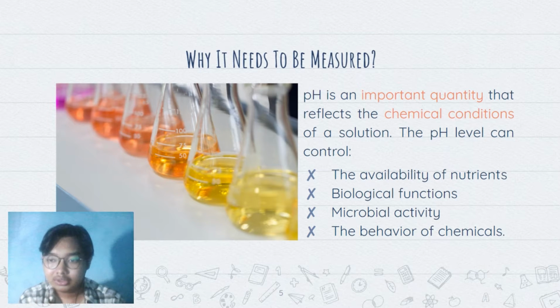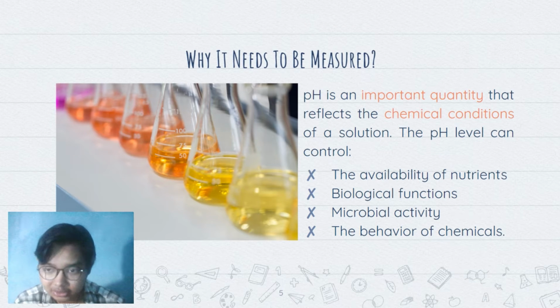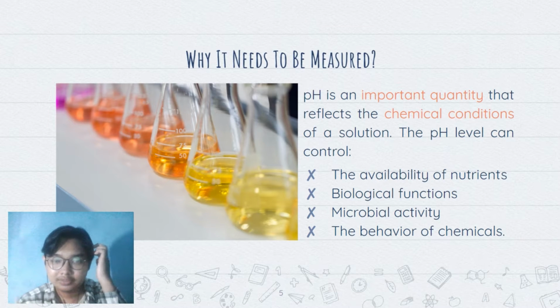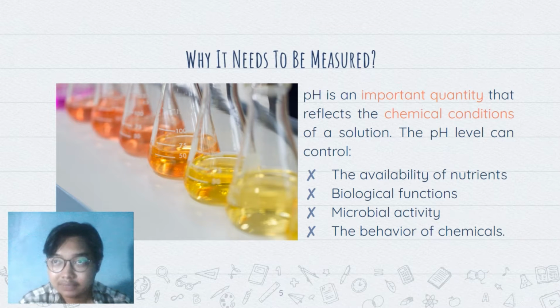When the water gets too basic, it starts tasting bitter and can leave pipes and appliances caked with deposits. On the other hand, when water is too acidic, materials can get corroded, and that's not good. Aquatic and plant life can also die if the water is too acidic. That is why pH level needs to be measured in some industries. We will go to the next slide.